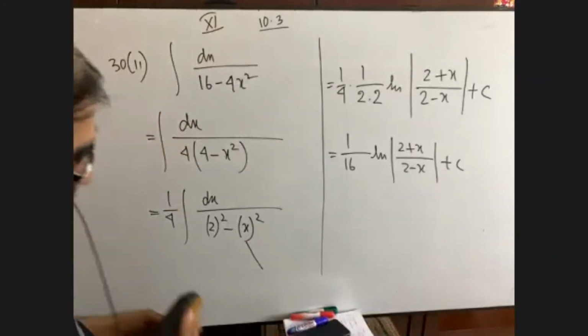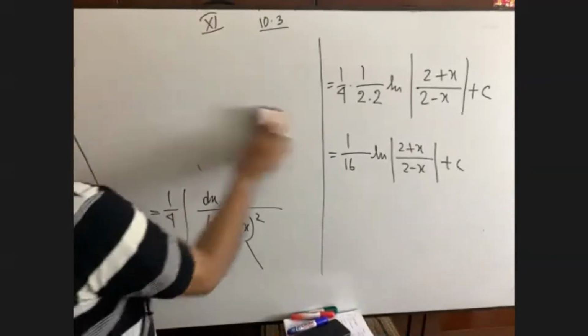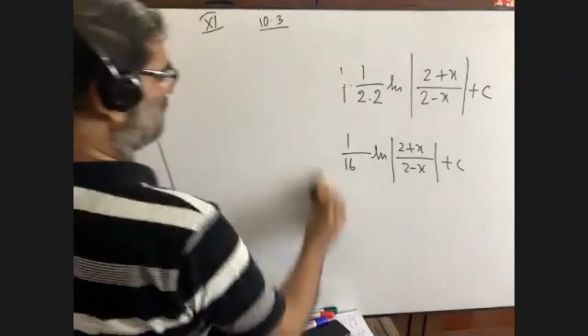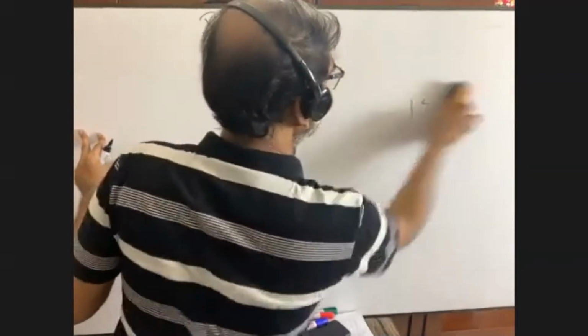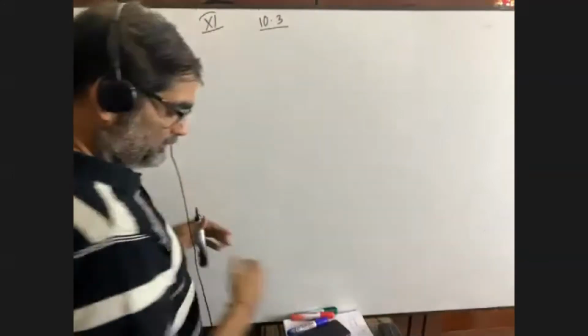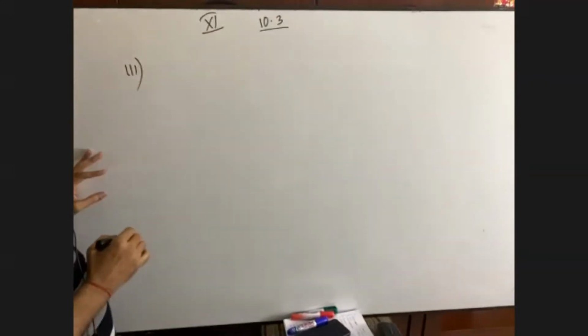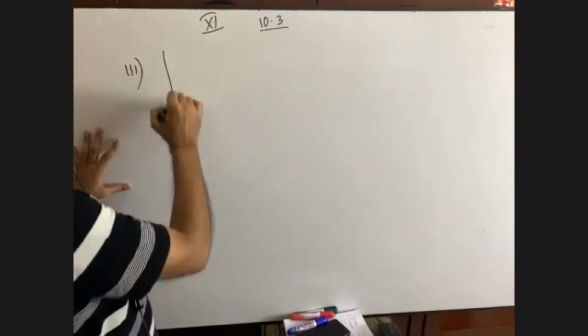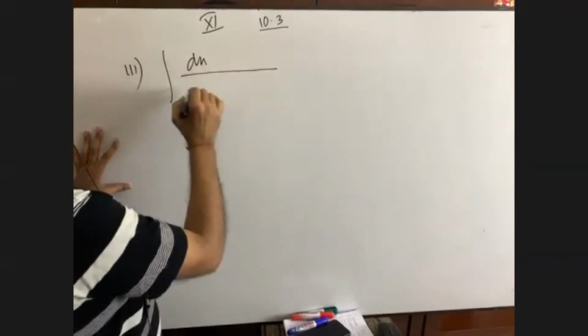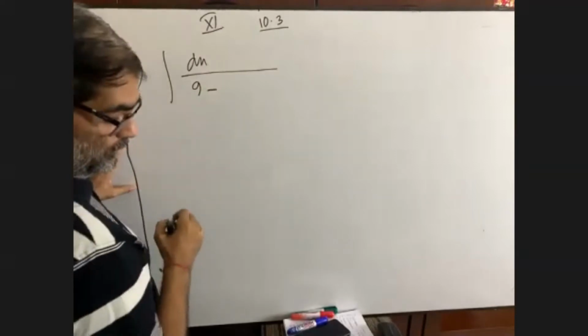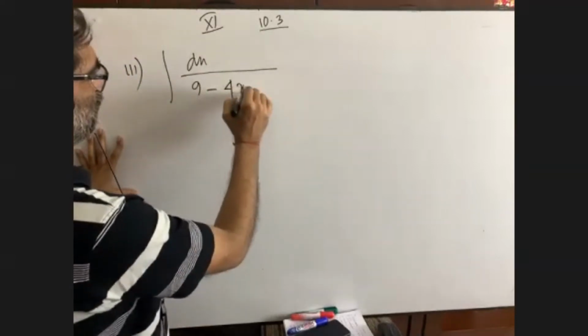Next, question number 3 of 30. Dx by 9 minus 4x square. I think you all can do it now, right?